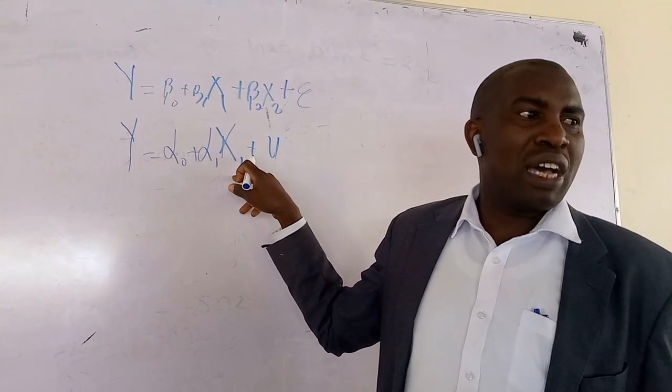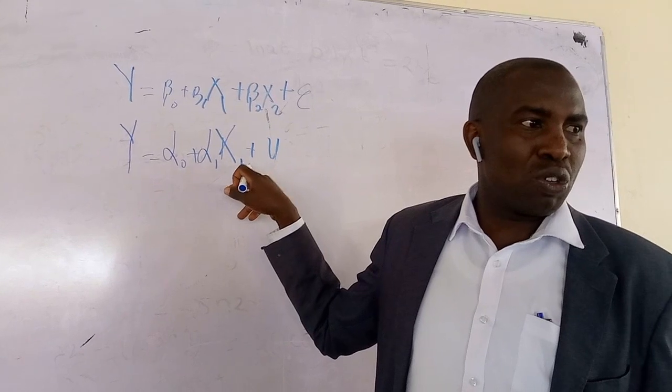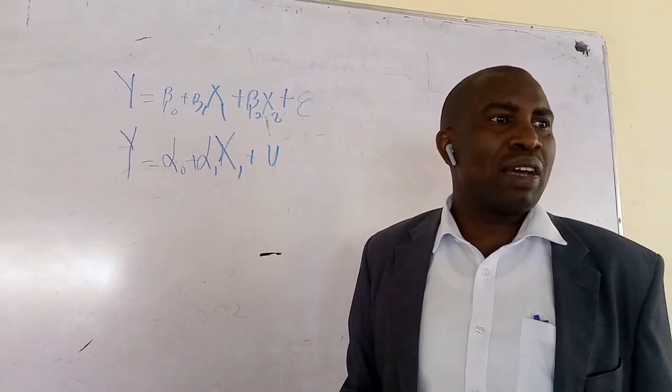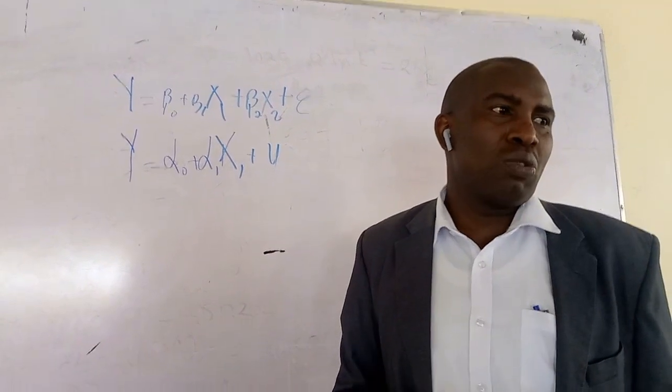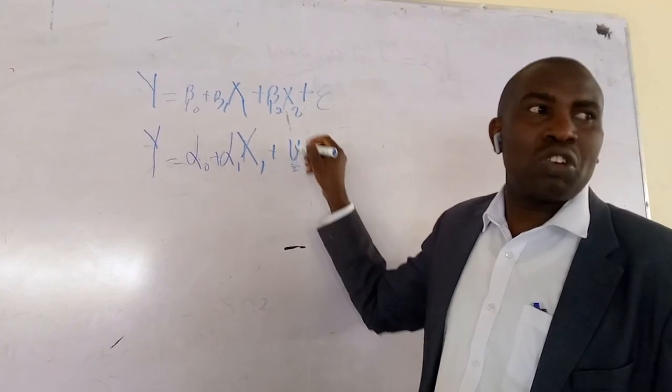So where has x2 gone to? x2 will have gone to the error term, because we said that the role of the error term is to take care of the variables which could be affecting y, but are not included in the model. So this error term has got x2.